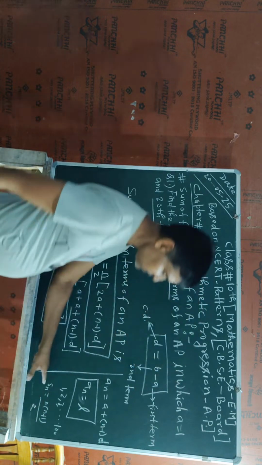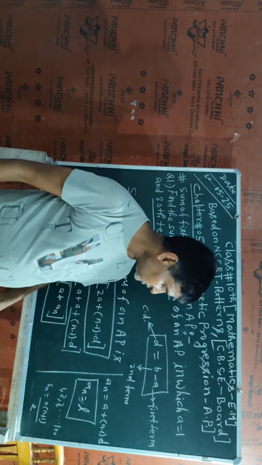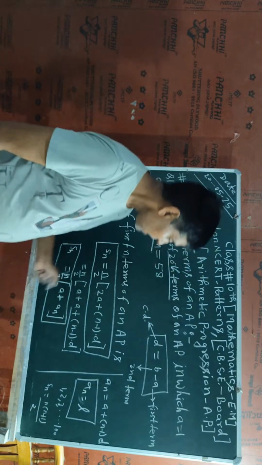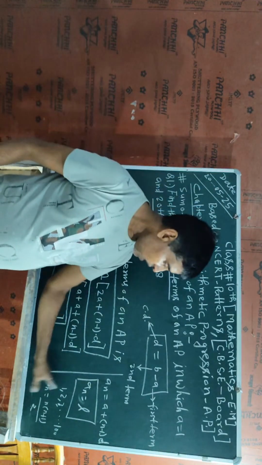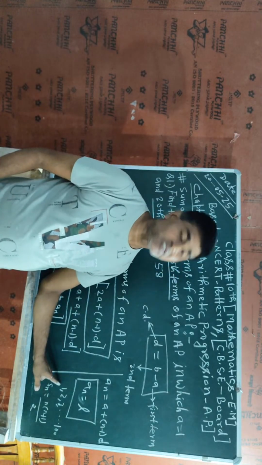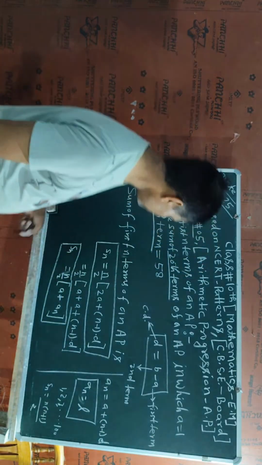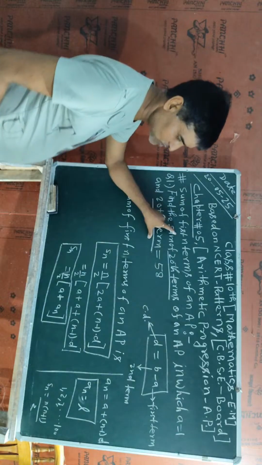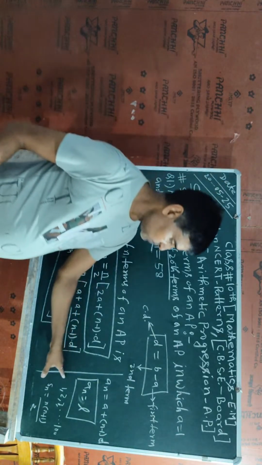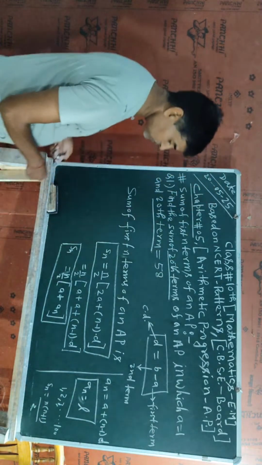Students will use this formula and after using it, they will get the solution. After solving this question, I will explain how we will get the sum of the first 200 terms. It will be very easy. First I am going to solve this question, and after solving, I will take the sum of 1 to 100.